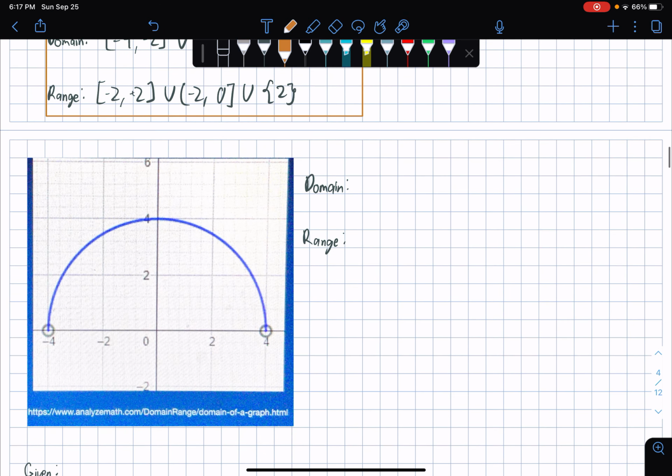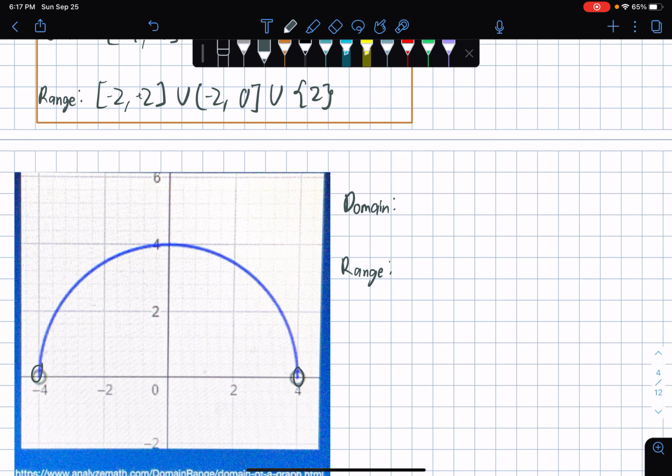Alright, let's move on here. So we're given half a circle. So obviously this is a function. If you put a vertical line test, you can see that there's only one intersection, therefore it's a function. For the domain, as you can see, their very ends are labeled with hollow points. So for the domain, it's -4, +4.